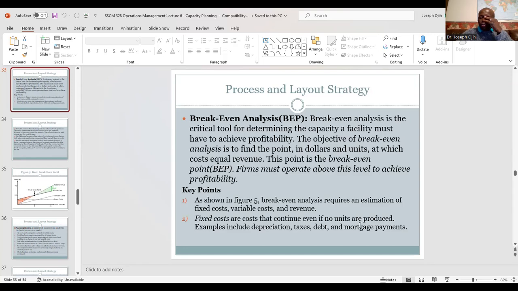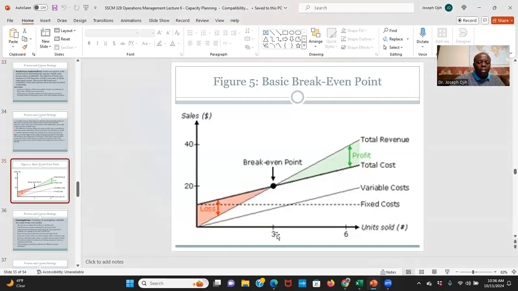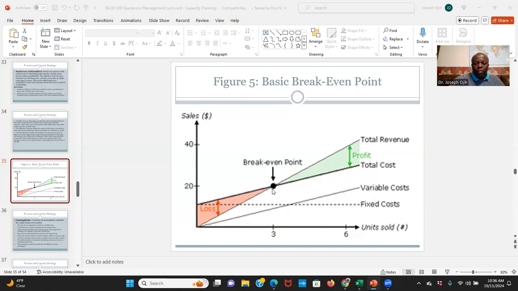There are a few things we need to know about break-even point. As you can see from this graph, this is the break-even point.